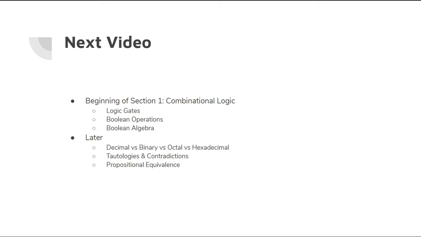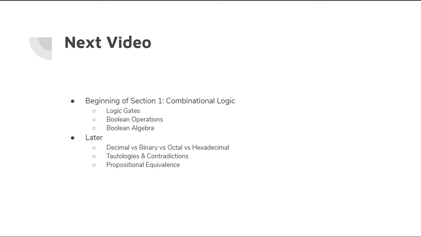Later we'll talk about the different numbering systems that are common in processors and in engineering, software, and computer engineering. Obviously the main ones you're going to want to know are binary and hexadecimal, but octal is put in there for some necessary concepts.